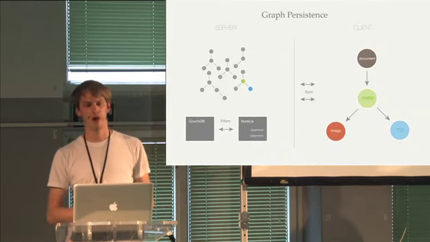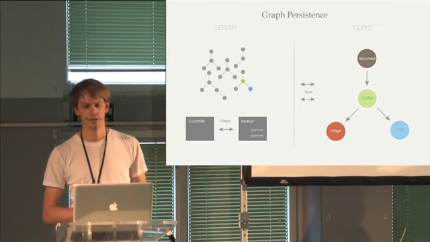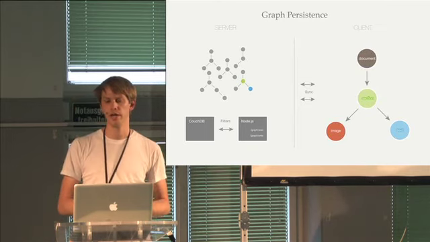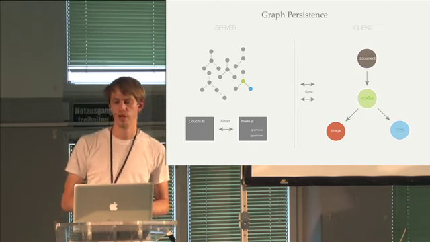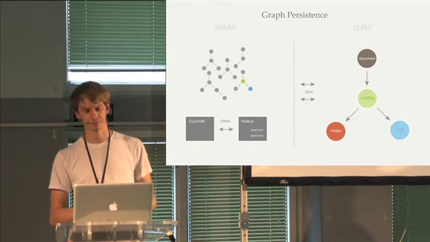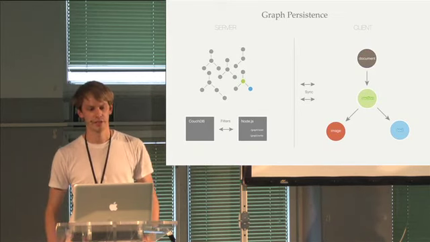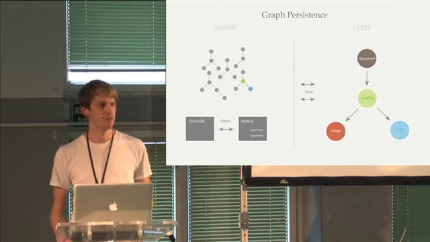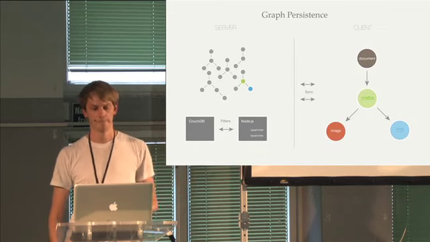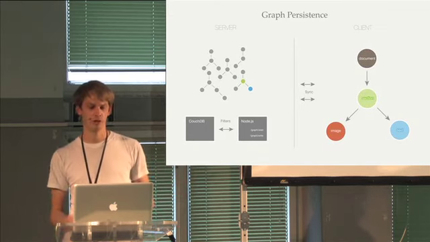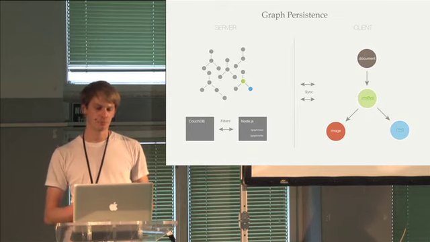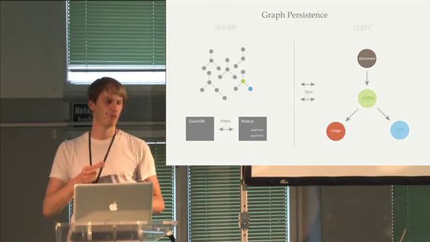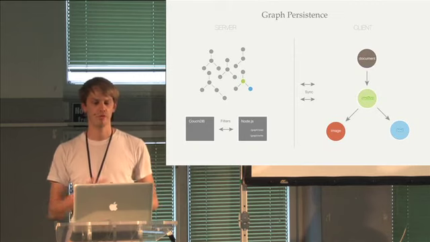So that's how graph persistence basically looks like. We have our in-memory data structure on the right side here, the client. And on the server side, there's the huge graph with all the information from all the users, so to say. And we are talking to either a graph read service or a graph write service.